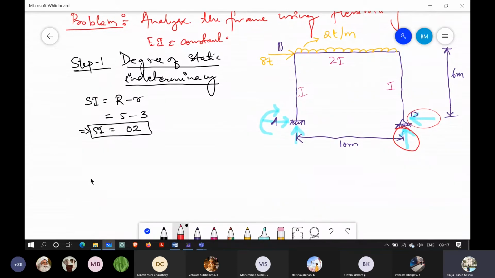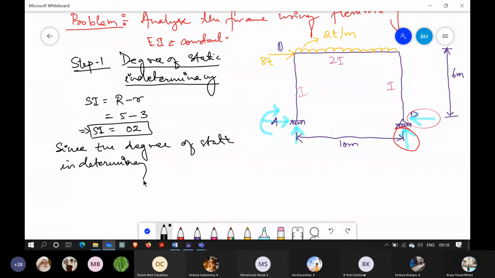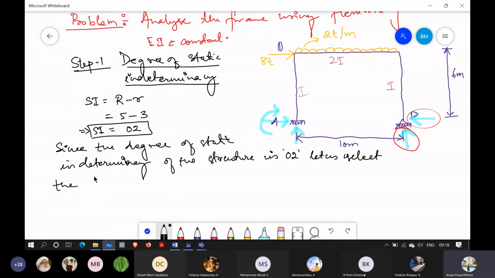So let us write that. Since the degree of static indeterminacy of the structure is 2, let us select the horizontal and the vertical reactions at joint D as redundants.